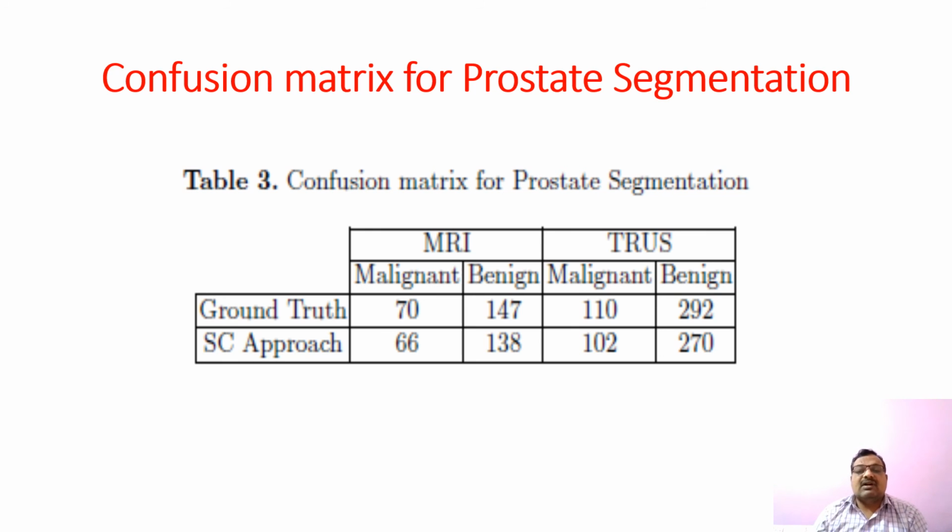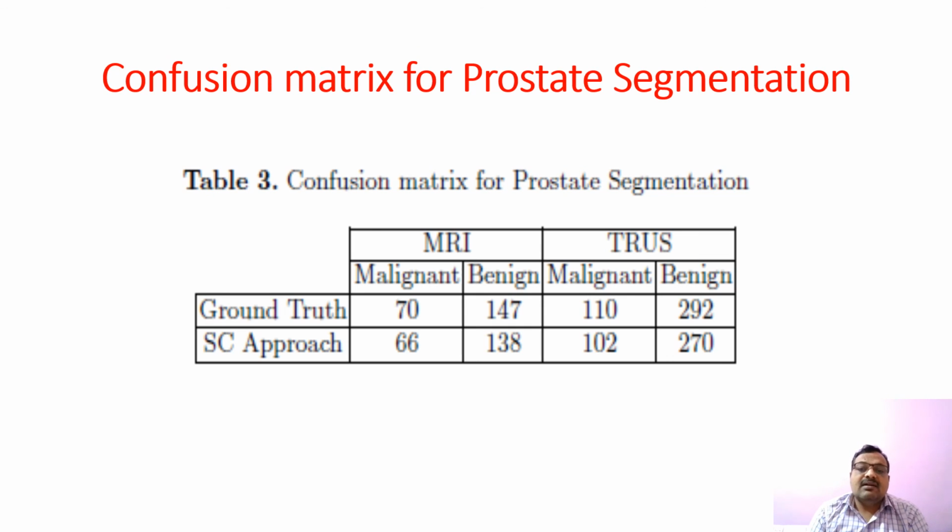So this is the heart of this paper. By using the spectral clustering algorithm, we get malignant patients 66, ground truth 70, benign 138, ground truth 147.